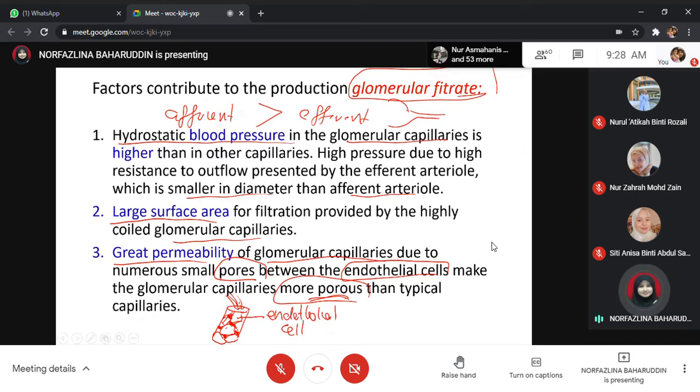So that's why when blood enters the glomerulus, the 10% of the blood plasma mentioned will come out, because of the porosity.